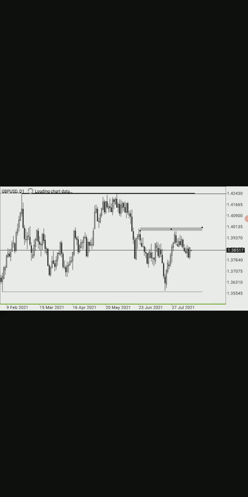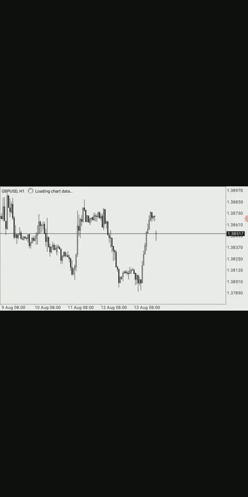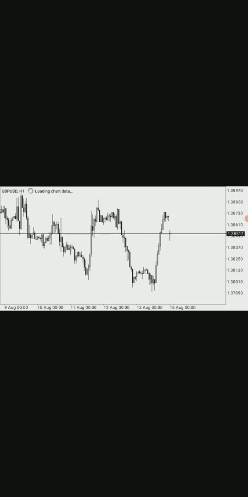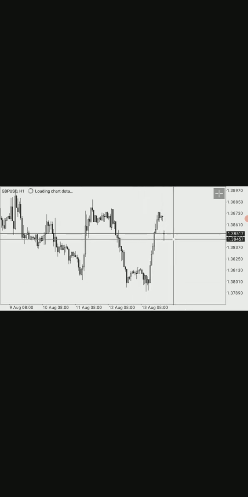Let's go to a lower time frame and see what we can expect. The market came and filled up this FVG. So I'll be looking for the market to just trade higher from here, but it can come down. I really don't see any particular points to buy this pair. Maybe if I drop down to the 15 minutes I might see, but I don't want to go that far, so I'll just stick with the 1 hour.